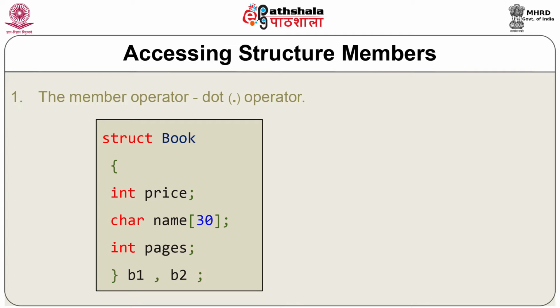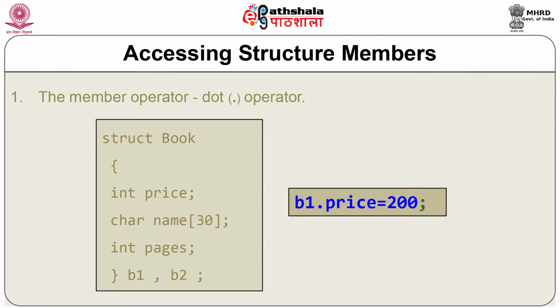In this, we want to store information of two different books, B1 and B2. So B1.price equal to 200. It means the price of book 1 is rupees 200. B1 is a variable of book type and price is a member of book.